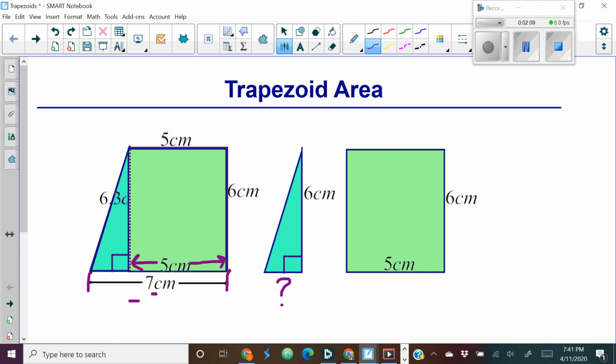So if I just subtract the 5 from the 7, I get 2 centimeters. And those 2 centimeters tell me the base length of this triangle. Now I have all the information I need to find the area of each of these figures.